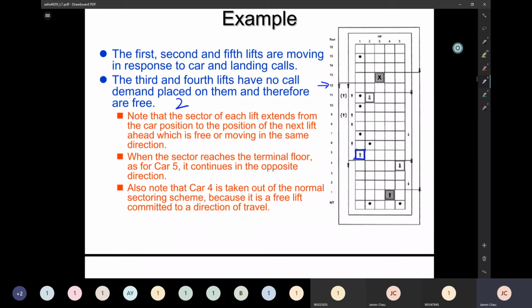Therefore it will also serve the sector above. And when the sector reaches the terminal as car 5, it continues in the opposite direction, so that it moves down and then moves up again. And car 4 is taken out of the normal sectoring scheme because it is a free lift, and it can commit to a direction to travel.